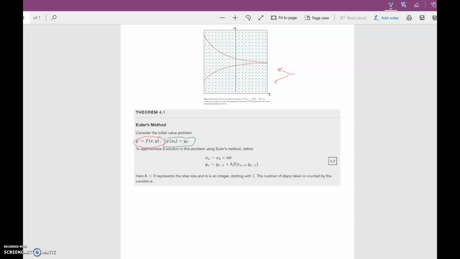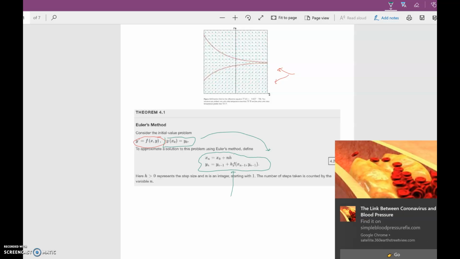And then you're going to be using the following formula to find the possible coordinate points near the actual solution. All of these are going to be very close to your initial condition. You just use that iterated formula and start coming up with x and y values in the vicinity.